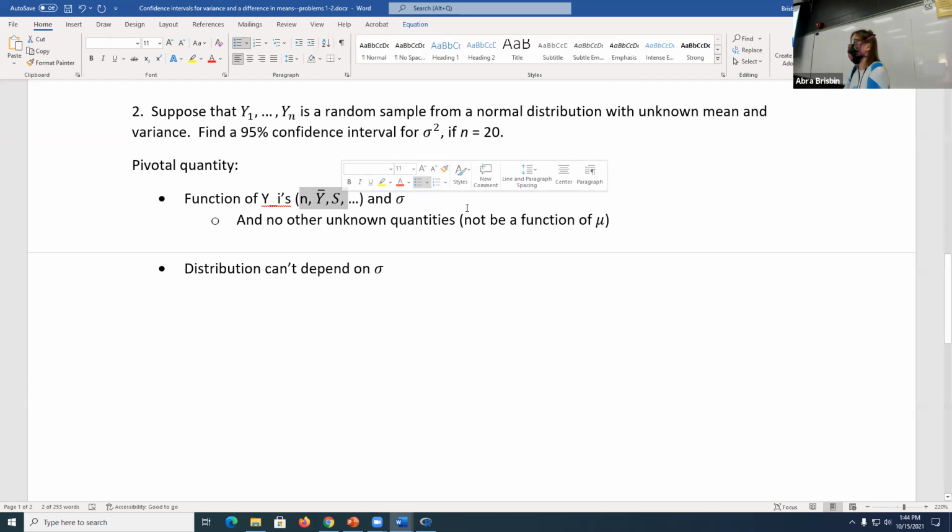All right, so think back to our distributions based on the normal distribution. For something that might be a function of one of these and sigma, but not mu, where we know what its distribution would be.